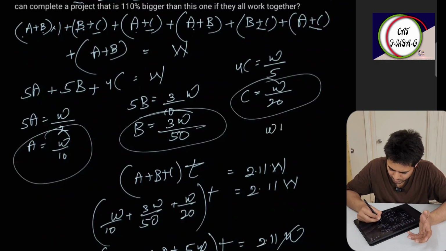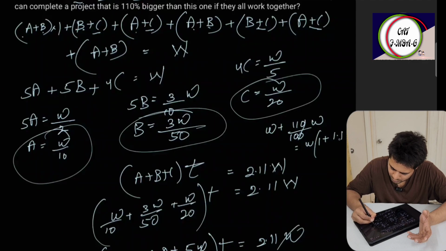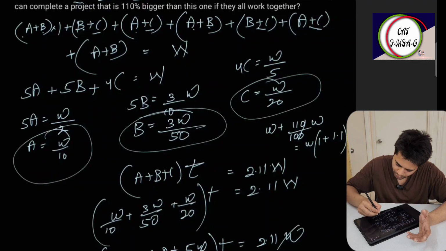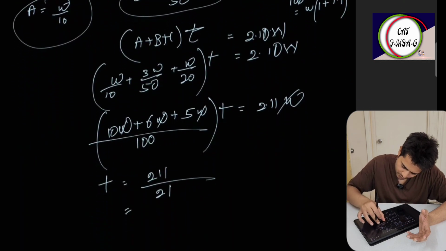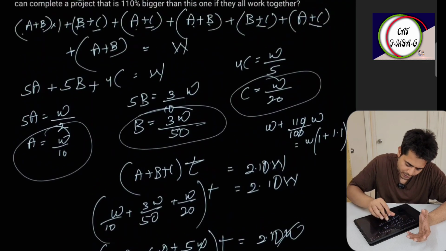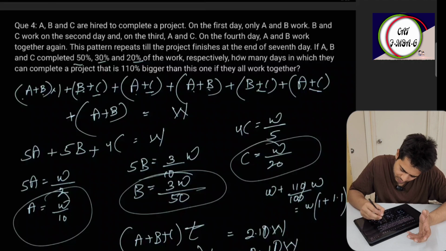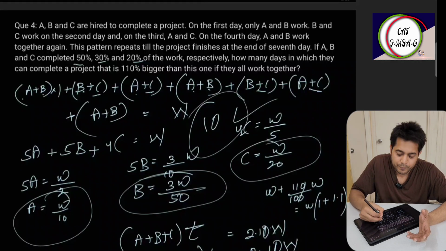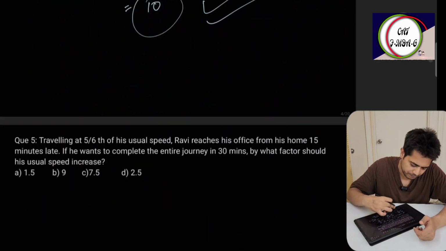It is W plus 110 by 100 into W, so W into 1 plus 1.1. So this is 2.1, not 2.11. This is 2.10. So 210 by 21 is equal to 10. So they will require 10 days. The answer is, how many days in which they can complete the project? Answer is 10 days. Okay, let's move to the next question.